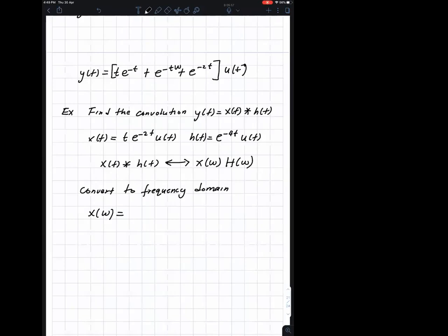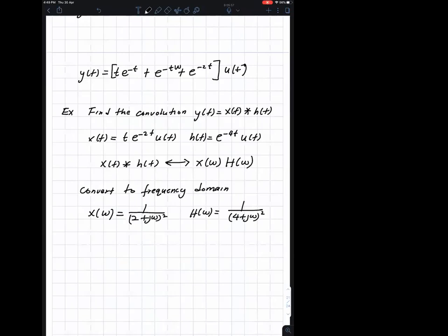X omega is 1 over 2 plus j omega squared. H omega is 1 over 4 plus j omega squared. Okay, you take the Fourier transform, maybe one of them doesn't have a square.